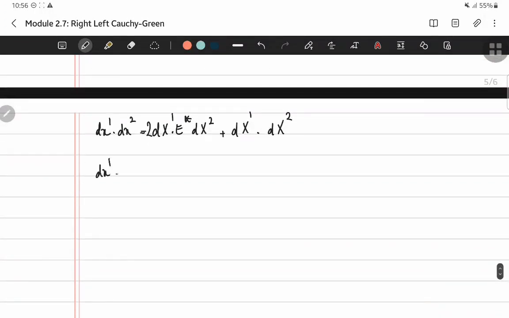So I get dx1 dot dx2 minus d capital X1 dot d capital X2 equal to 2 d capital X1 dot E star d capital X2.